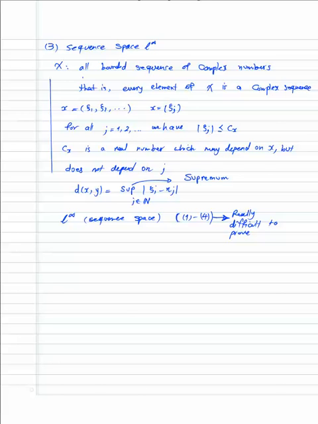And the last one that I personally really like is the function space, with the notation C[a,b]. This means continuous, and this is the domain of the definition of the function, which is the closed interval a and b.